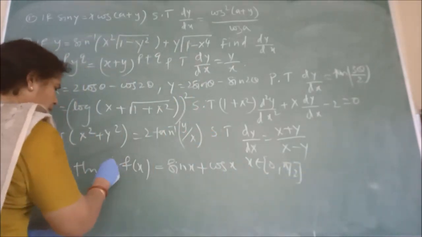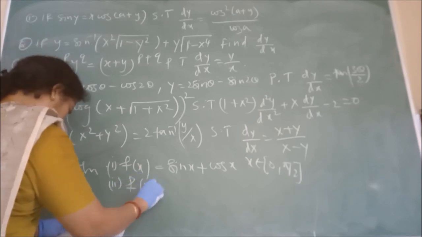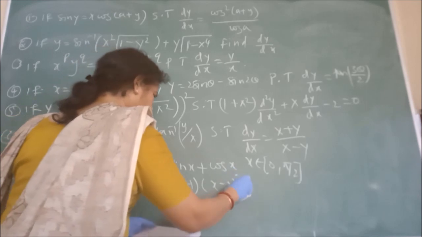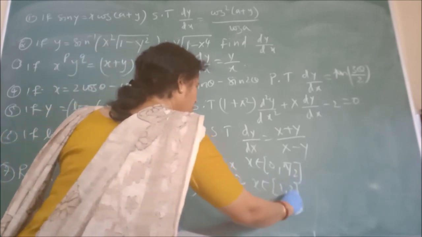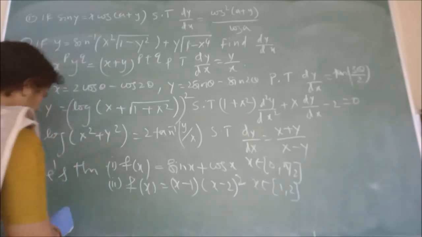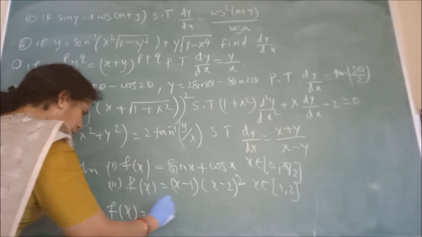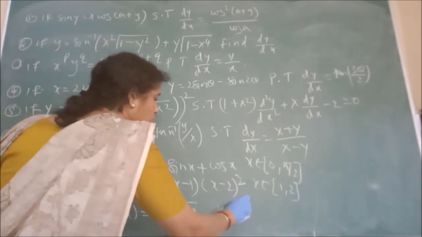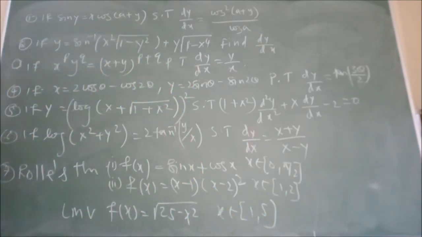Number 2: f of x is equal to (x minus 1) into (x minus 2) whole square, x belongs to the closed interval 1, 2. And this one is for LMV: f of x equals under root of 25 minus x square, x belongs to the closed interval 1, 5. Beta, all questions are board questions, some of the most important questions.